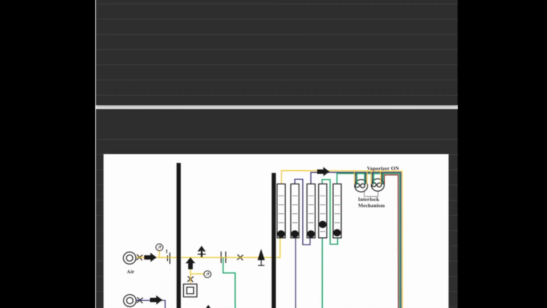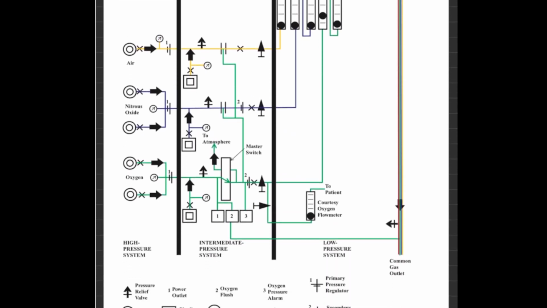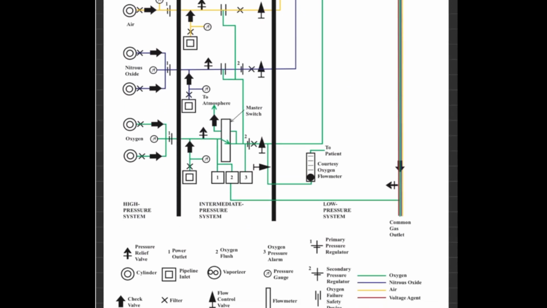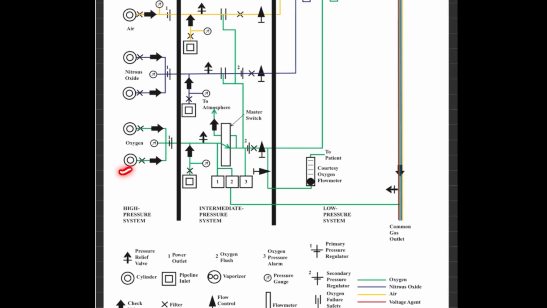There is another diagram from DOSH. This is a bit less simple, so we will be discussing each of the components here. This signifies cylinders. We have oxygen cylinders, nitrous oxide cylinders and an air cylinder. We have a filter, this cross signifies a filter, and then we have unidirectional check valves.